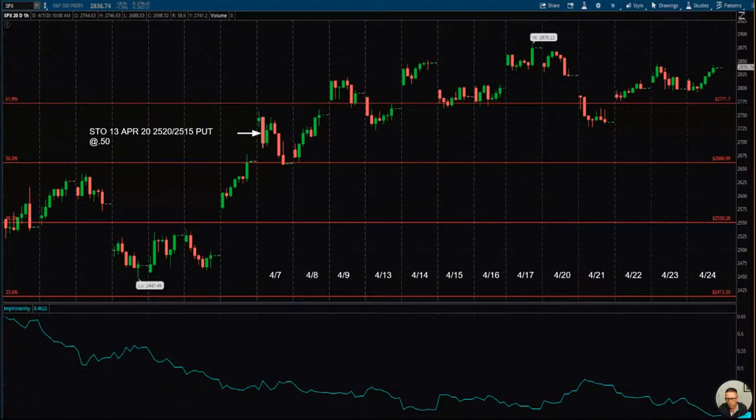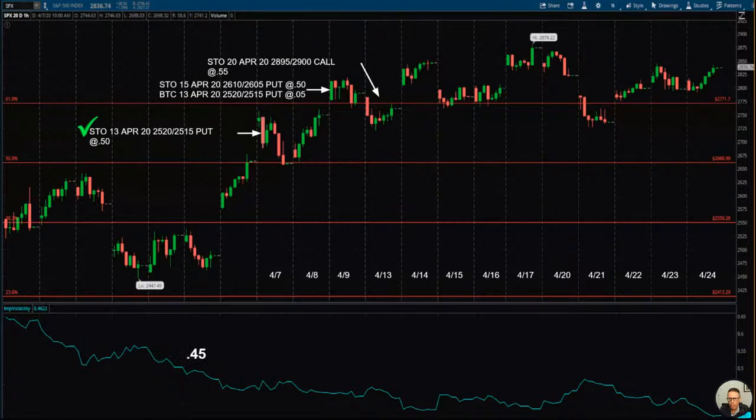So on the 4/7, I put on a put spread, 25.20, 25.15. And then the market moved up, so I was able to close it for 5 cents, and then put on another put spread for 50 cents. So I netted 45 cents.